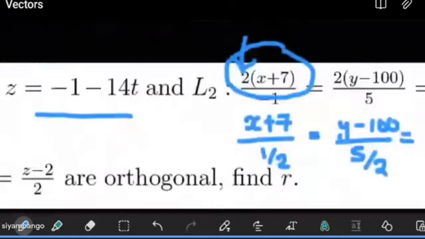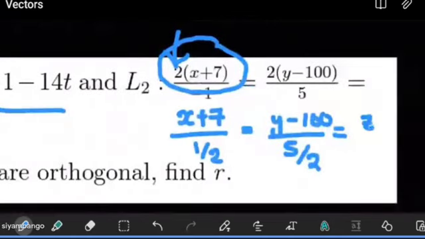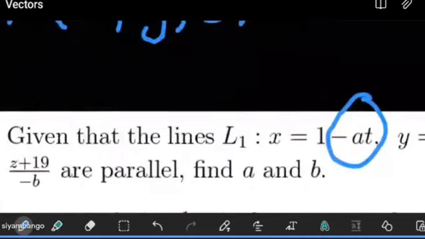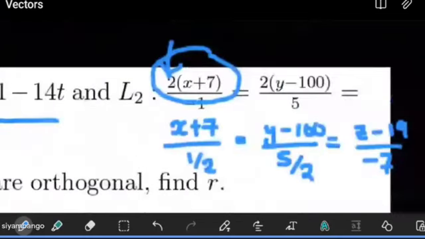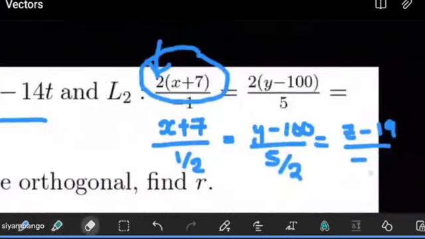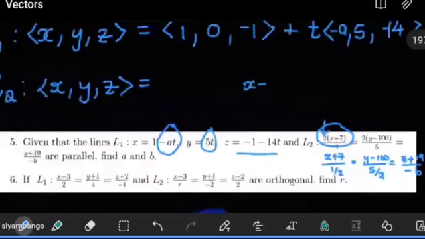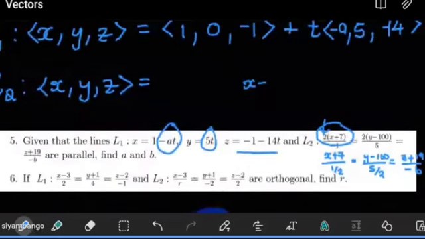So this is z plus 19? Minus 7, is it? Oh, minus b. That's minus b. And this is plus. Okay, that is what we have. Yes, plus 19 minus b. So I hope you've got that.